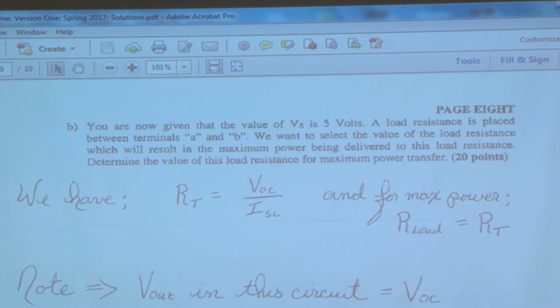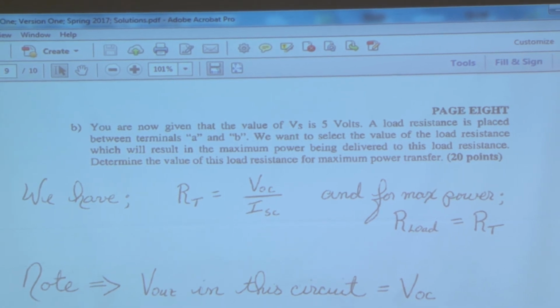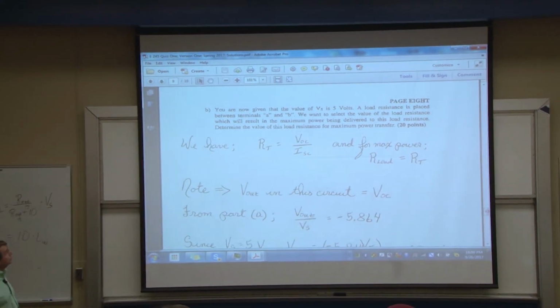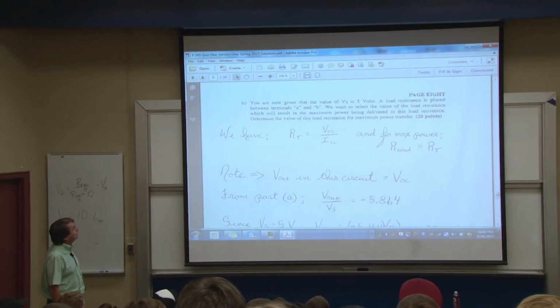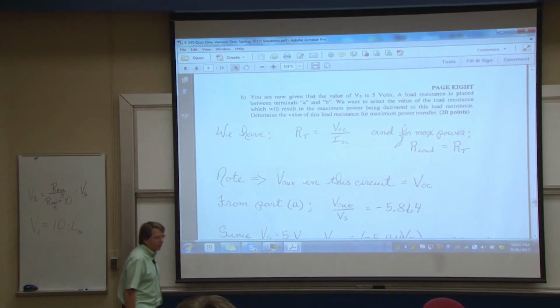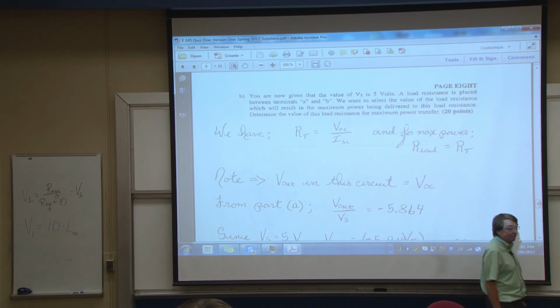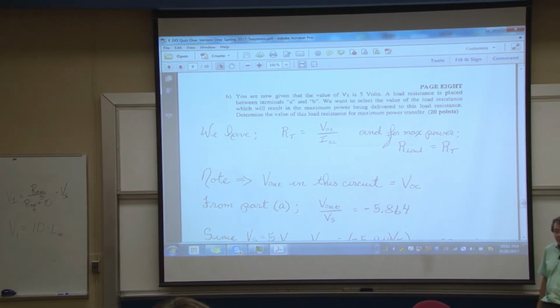A load resistance is placed between terminals A and B. You can't combine an amplifier problem and a Thevenin problem. Yes, you can. We want to select the value of the load resistance which results in maximum power. Determine the value of the load resistance for maximum power transfer. What type of problem has this suddenly become? It's now a Thevenin problem.